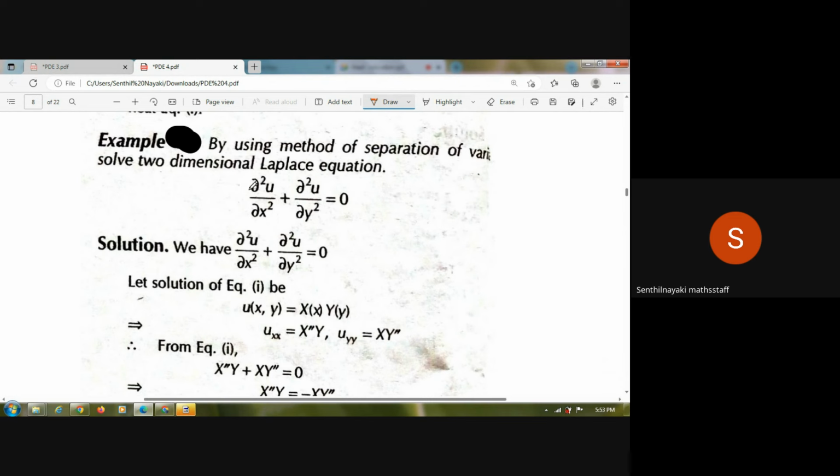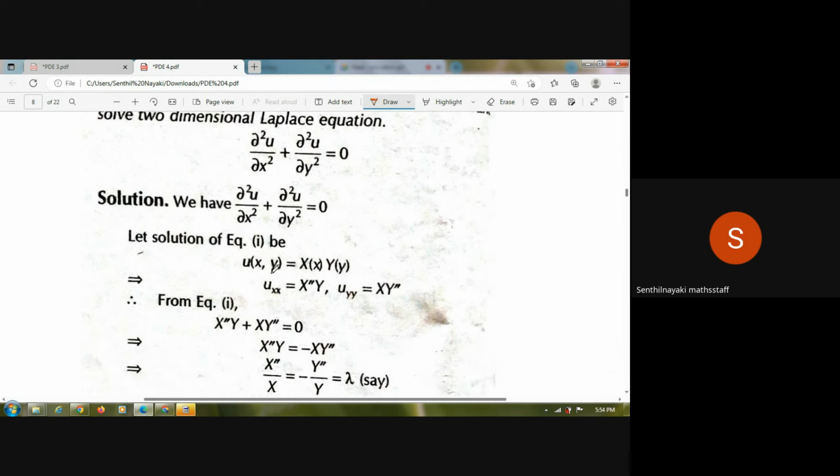Therefore, this problem is independent of the time variable. So here x and y, two space coordinates, are taken into account. Let us assume the solution for this equation is u of x comma y equal to X of x into Y of y.